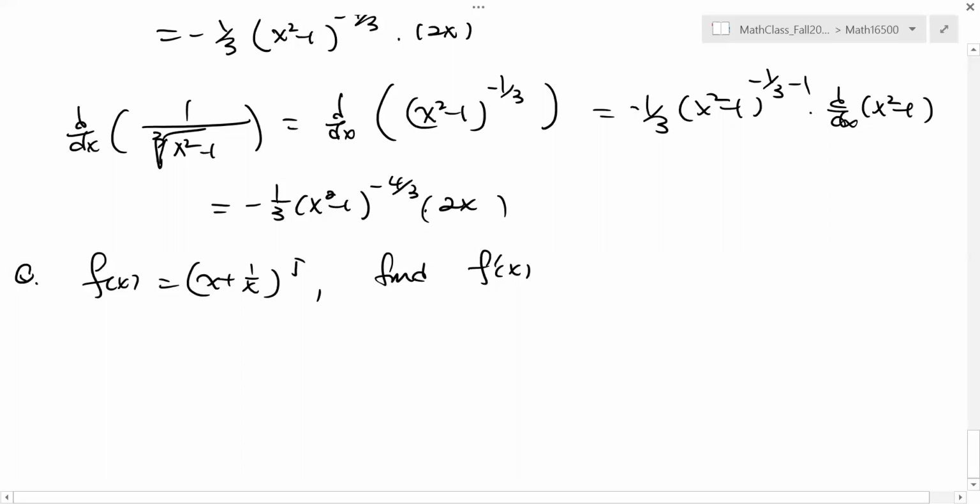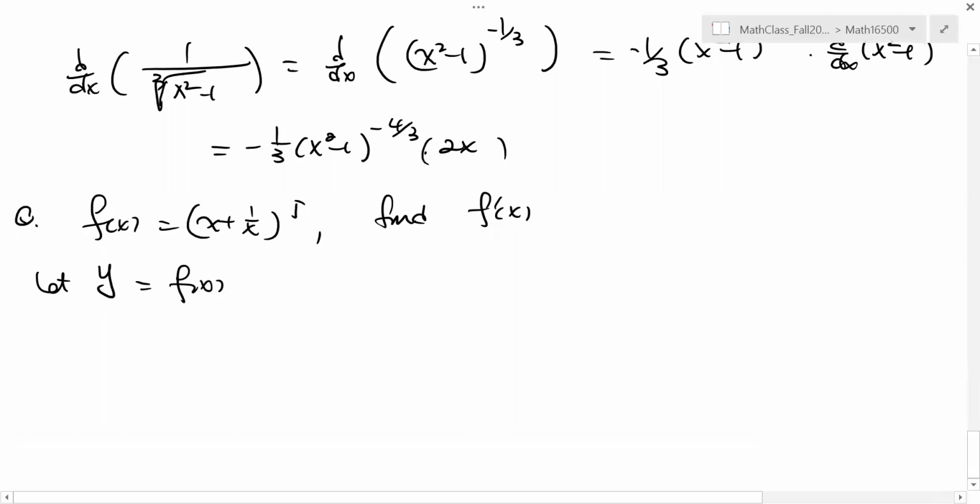How do you do this? You can introduce as many variables as you want. You can say y equals f of x, right? Then we actually want to find dy over dx. f prime of x equals dy over dx, and that quantity is with respect to x.